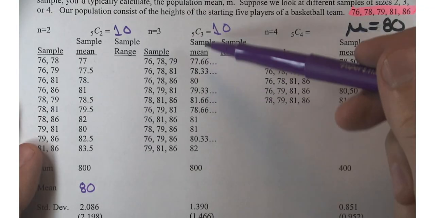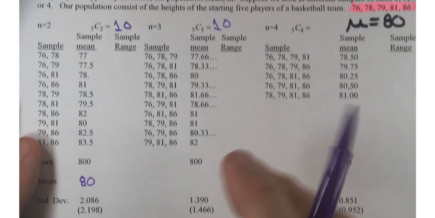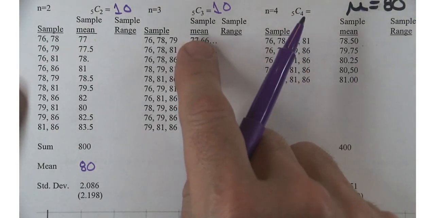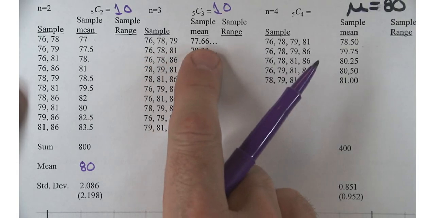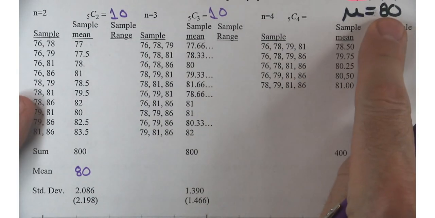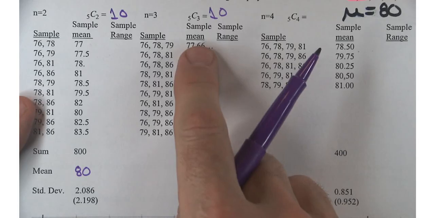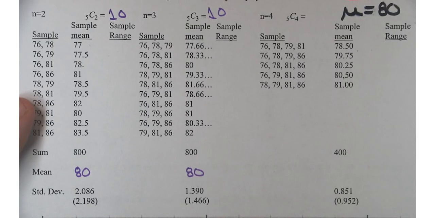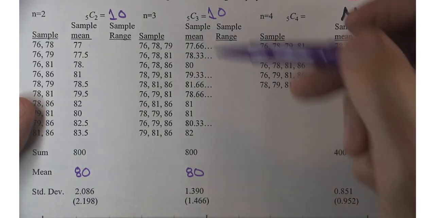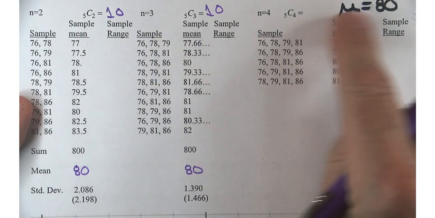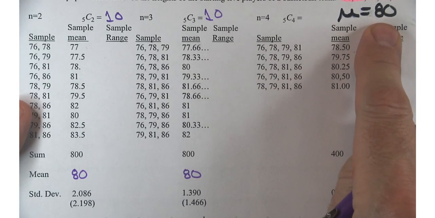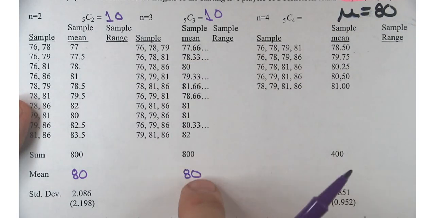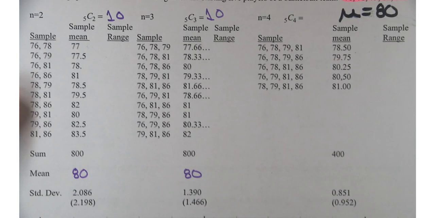You get different means but a similar result. If I add up all these sample means, keep in mind that these are all estimates of this, and calculate its mean, I'm again going to get 80. On average, the sample mean is giving me this. And that's good. That makes this an unbiased estimator.